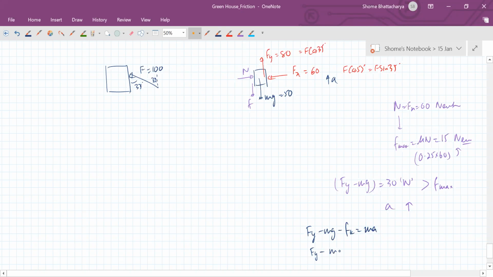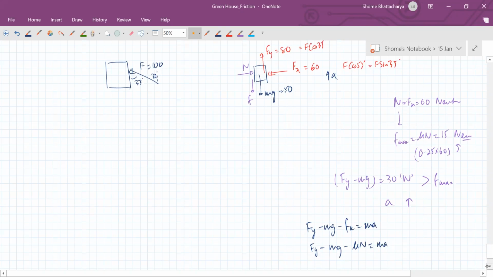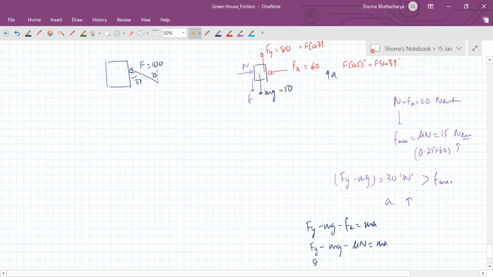So Fy minus mg minus mu N equals ma. So now just substitute the values. So 80 minus 50 minus 15 is equal to 5a. So we get an acceleration of 3 meters per second square upwards.